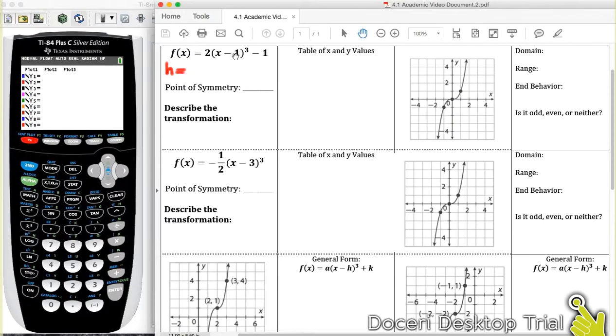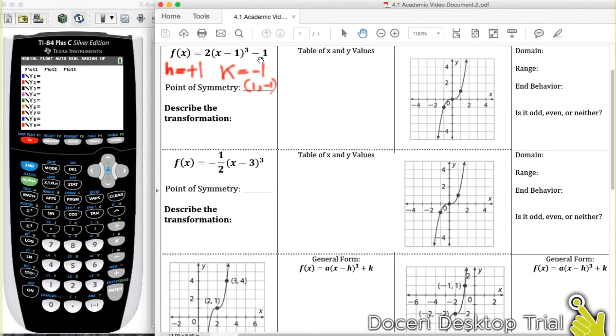So since I have a negative 1 on the inside, the h is going to be plus 1. Now the k is going to be the number on the outside, and the number on the outside is negative 1. So that is going to be my k. So my point of symmetry is going to be 1, negative 1.